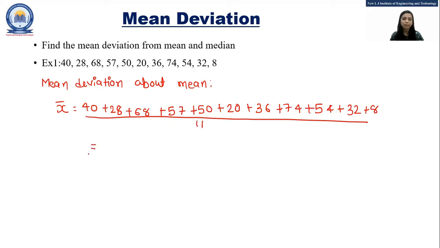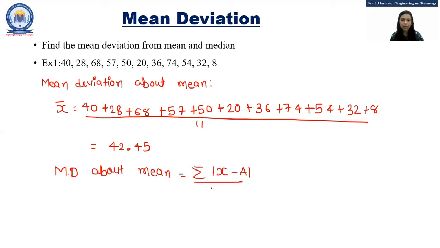So x bar is equal to 42.45. Now the mean deviation about mean is equal to sigma mod x minus A upon n.